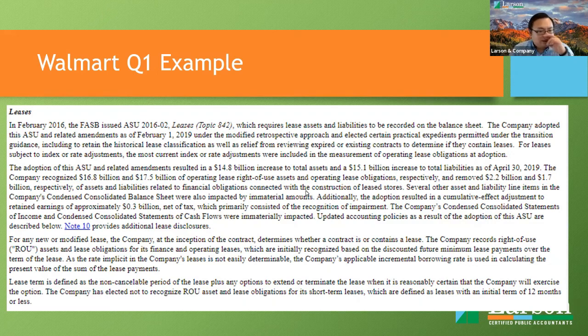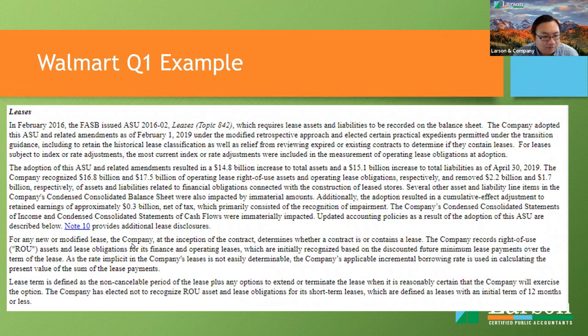And then they disclose the impact for the total assets and the increase in liabilities. And then they also disclosed its impact to retained earnings of $0.3 billion net of tax.